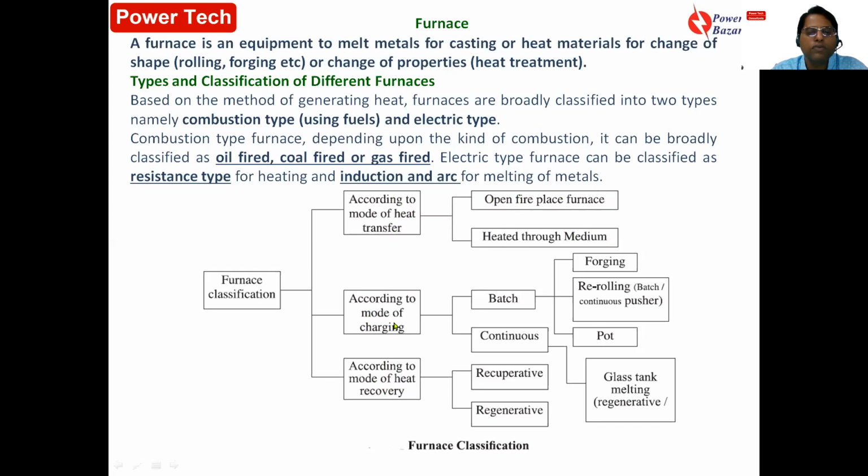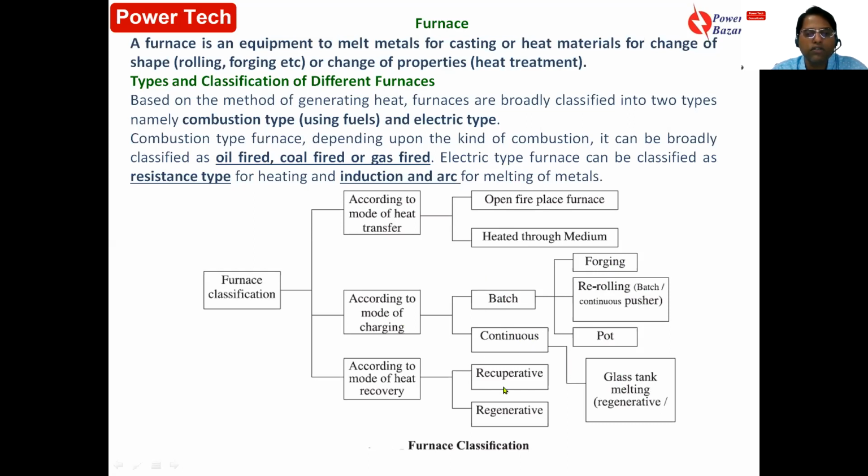Then according to mode of charging of the feed material or the stock which needs to be reheated, one is batch type, another one is continuous type. In batch type, there are types like forging, re-rolling, pot type. In continuous, you have glass tank melting, and continuous regenerative type also.